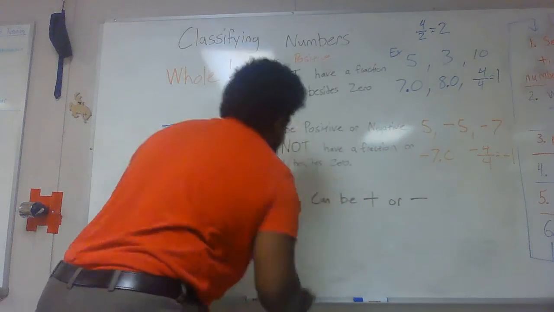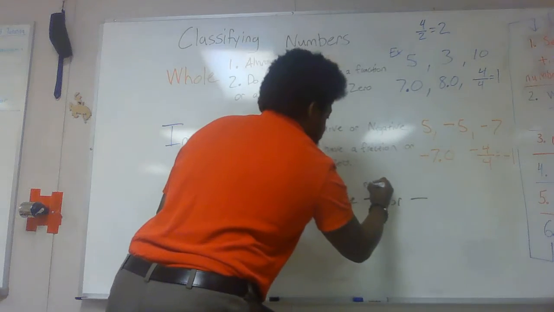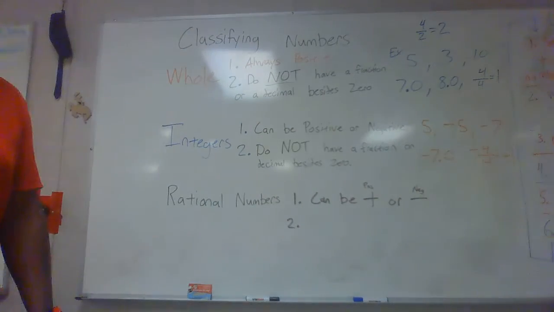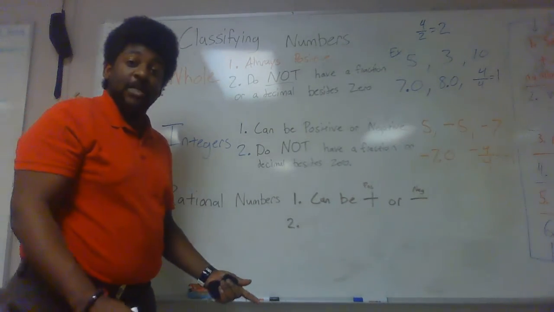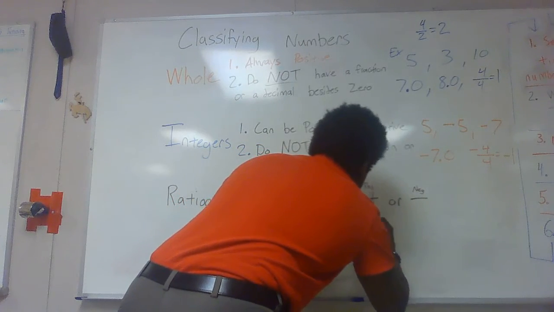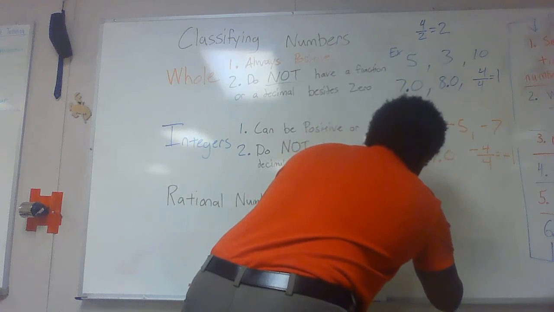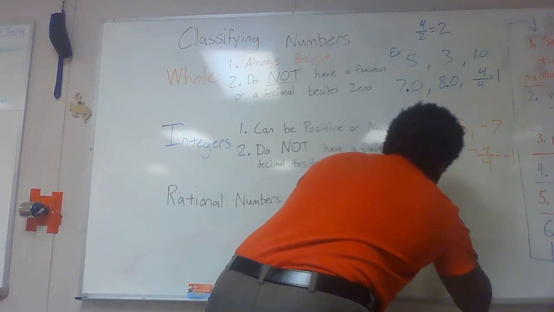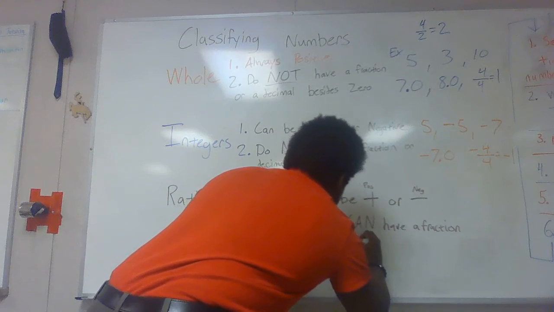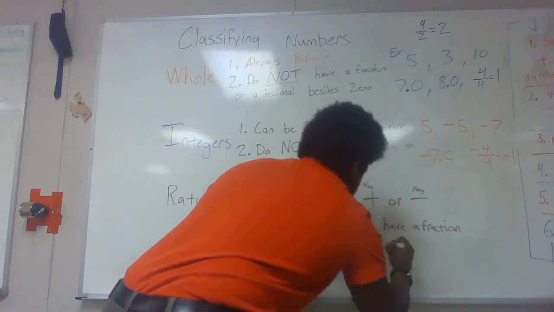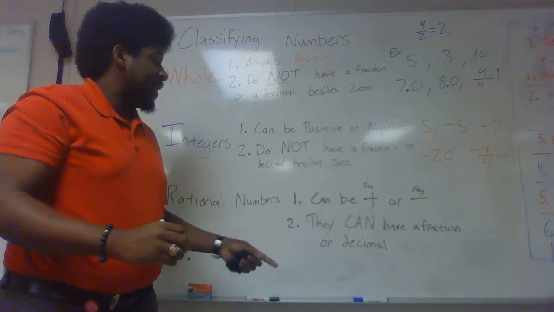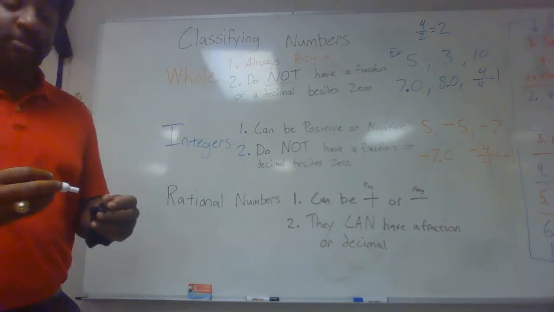And the second rule is they can have a fraction or decimal piece. So rational numbers can be positive or negative, and they can have a fraction or decimal piece.